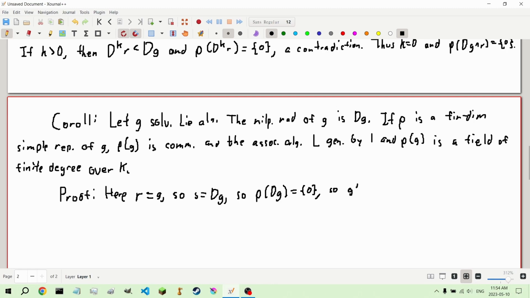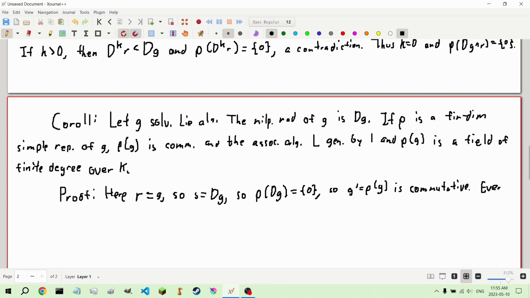So G prime, being rho of all of G, is commutative. Don't know why we bothered naming rho of G in this context.